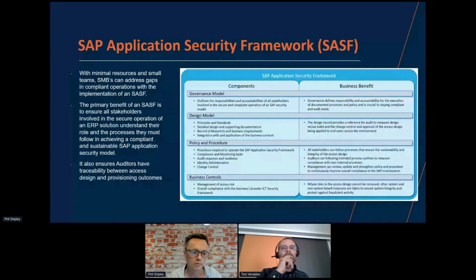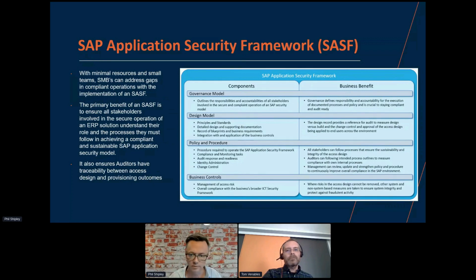All right. So the framework, as I said, has those four main areas. I just wanted to quickly touch on some of the benefits. A governance model, defining that responsibility and accountability for the execution of documented process, is crucial to being compliant and audit ready, doing what you said you were going to do.